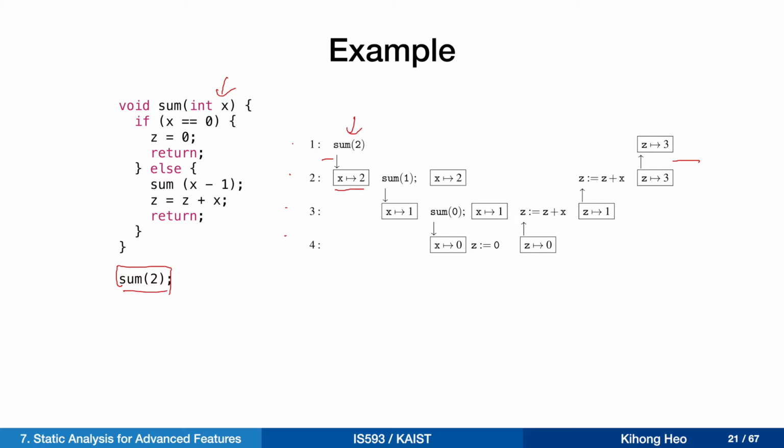And then because x is now not 0, we get into the fourth branch, and call the function again with new argument 1. Then the x entry of the memory becomes 1. And then we keep going.